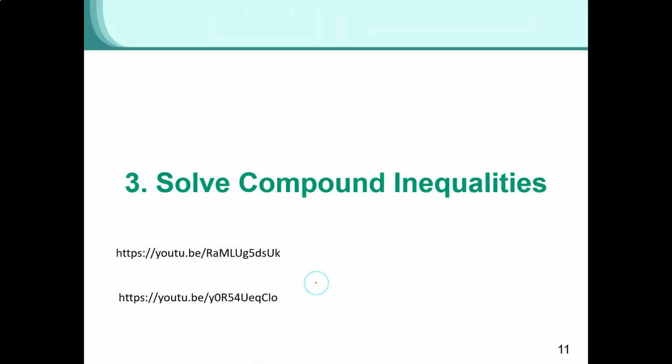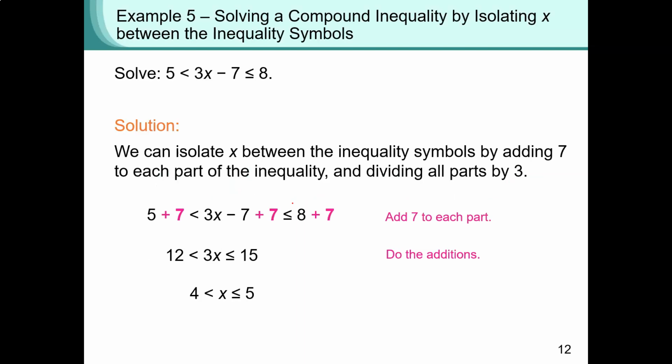Solving the compound inequality. A compound inequality means you have two inequality signs in your inequality equation. So we take a look at the example. We have 3x minus 7. The 3x is in the middle term. So I'm going to get rid of 7.